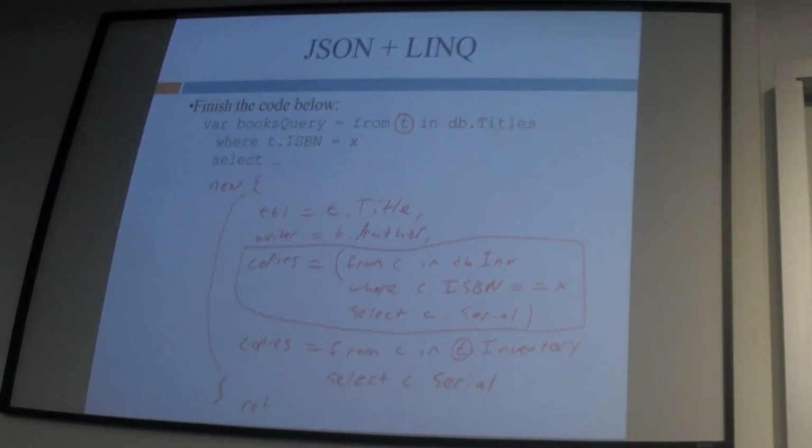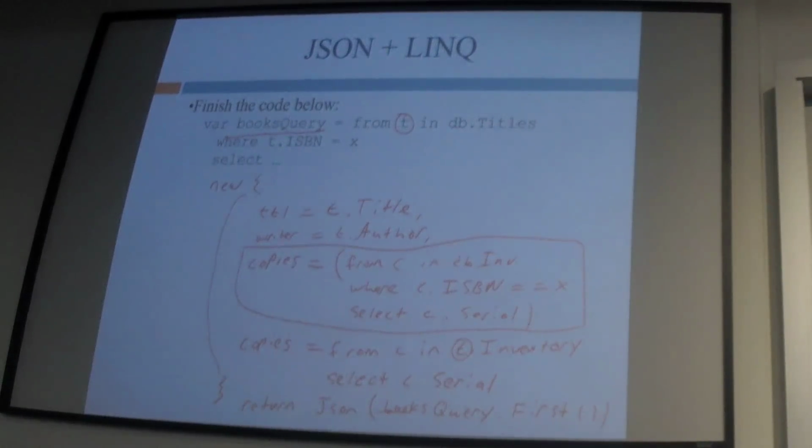So we would return Json(booksQuery.First()). Because we are assuming that there is exactly one book with that ISBN.